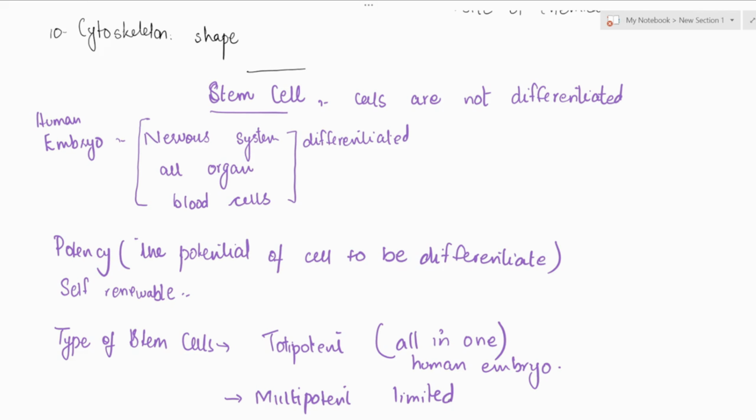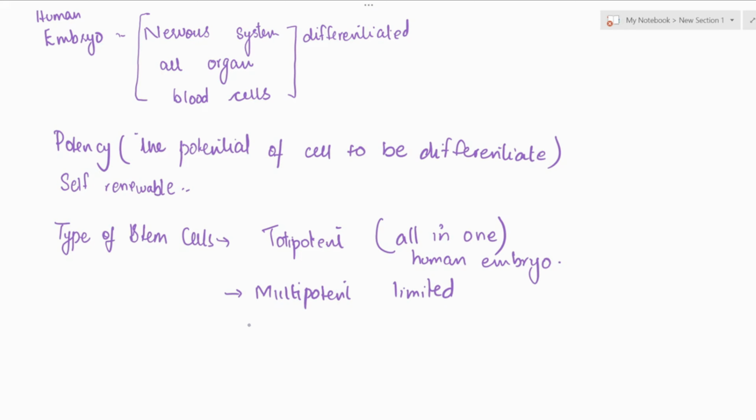The last one is pluripotent. The word is like pluri, meaning many. They can be differentiated into different body cells, and this usually includes tissue. For example, when your neural tube develops, it then differentiates into the brain and spinal cord.